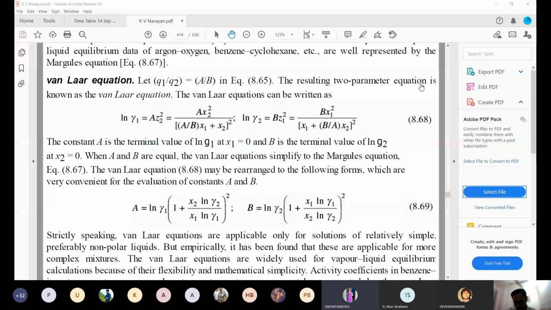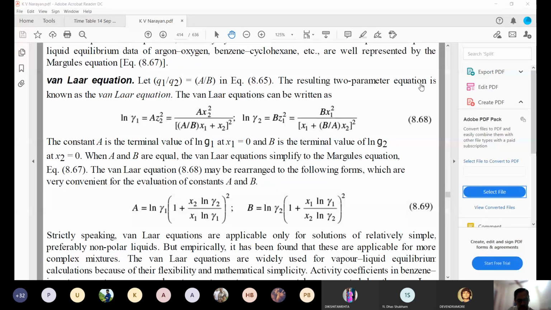Okay, so once you get A and B value, now what we need to do is find gamma 1 and gamma 2 for 20% hydrazine. Right? So use that Van Laar equation to find gamma 1 and gamma 2 for 20% hydrazine.